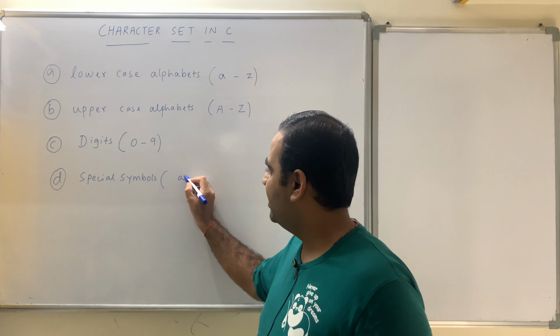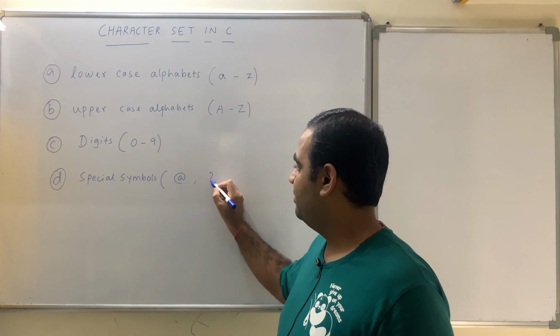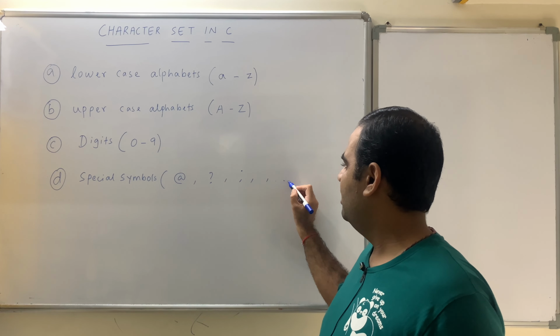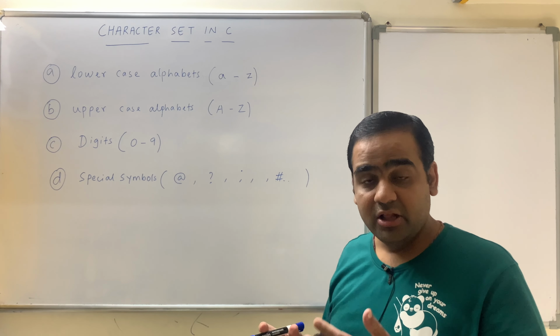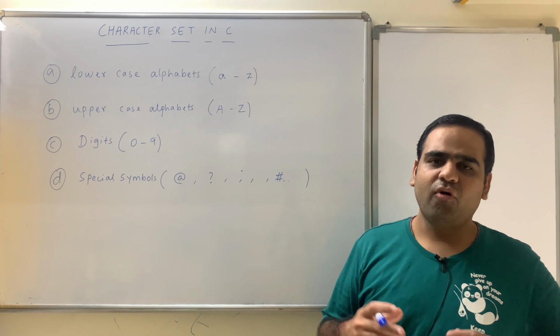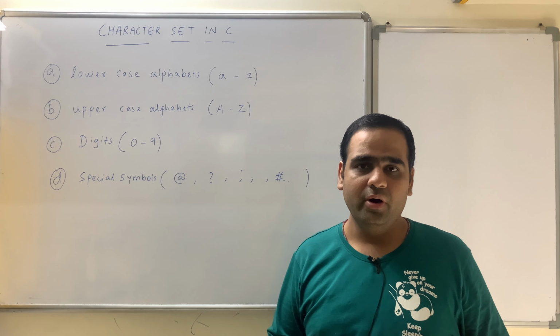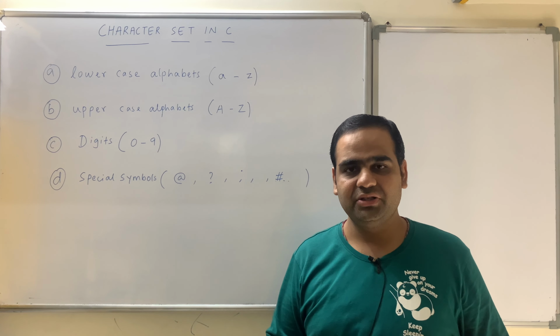It can be @, it may be a question mark, a semicolon, a comma, a hash, and so on. There are different special symbols. In general, anything that you see on the keyboard forms the character set of the C programming language.